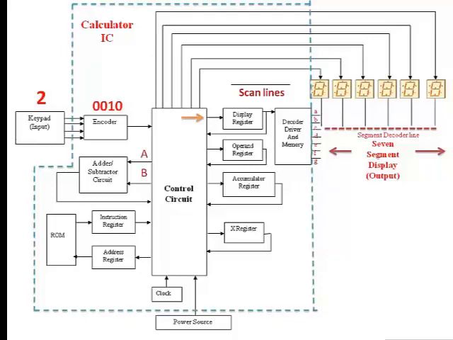This information is also applied to the 7 segment decoder driver circuit, and scan lines A, B, D, E and G are activated, so that the first 7 segment display shows a decimal number 2 on the screen.